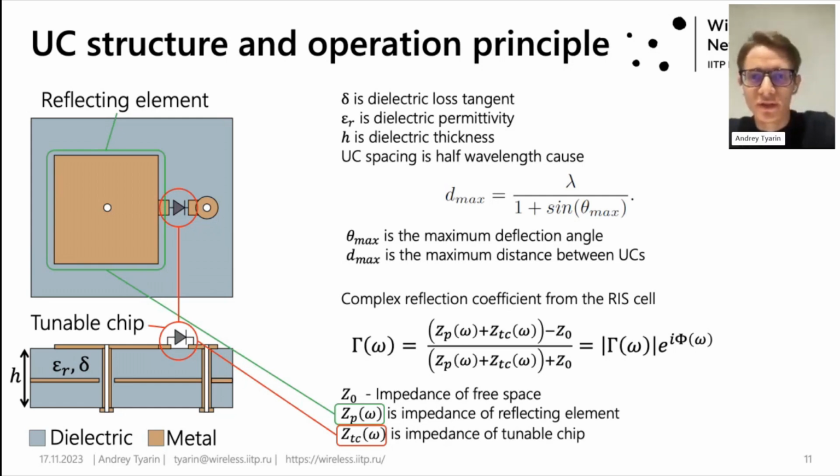The distance between adjacent UCs equals half a wavelength. If it exceeds half a wavelength, grating lobes of EM wave propagation arise.